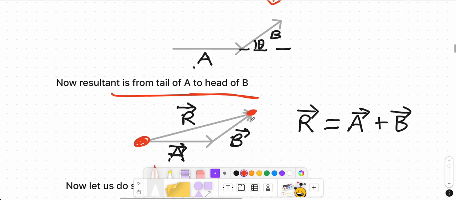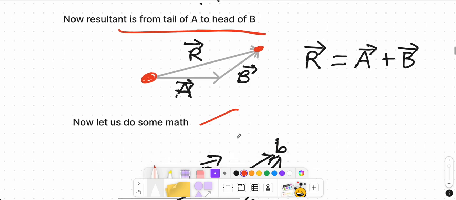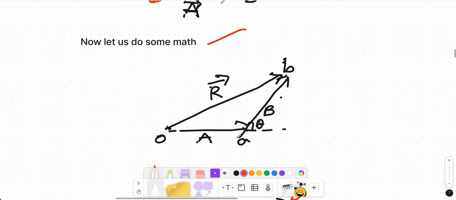Let us see in detail. Now let us do some maths. So I have two vectors A and B, as I have shown you, making some angle theta. I connected tail of B with head of A, and the resultant is from tail of A to head of B. The angle between A vector and B vector is theta.